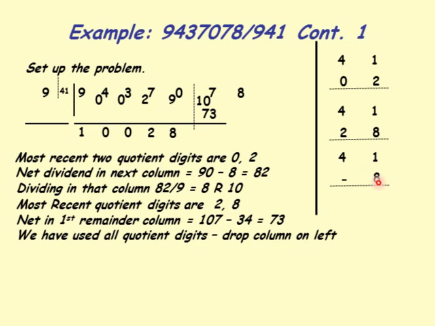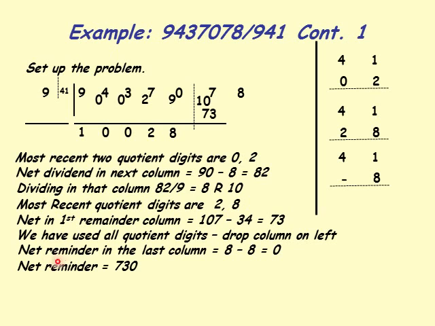The adjustment would be 1 times 8, which is 8. Net remainder in the last column is 8 minus the adjustment of 8, which is 0. So the net remainder is 73 in the tens column and 0 in the units column. So the remainder is 730, which is less than 941, so we should be fine.